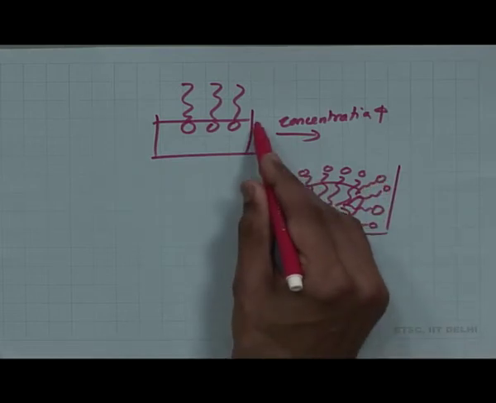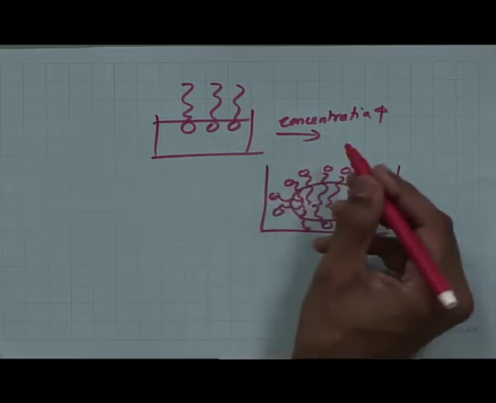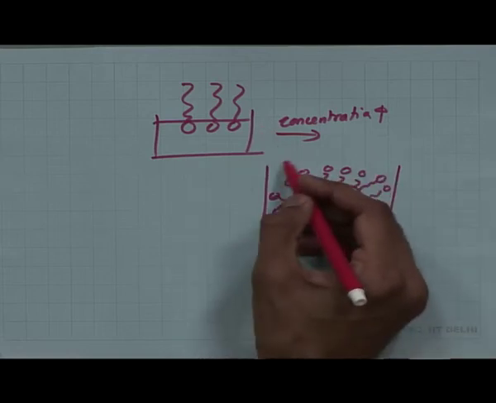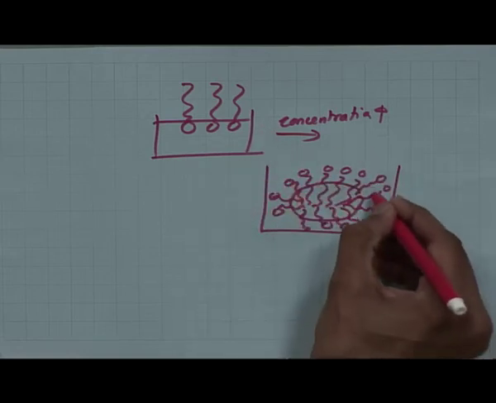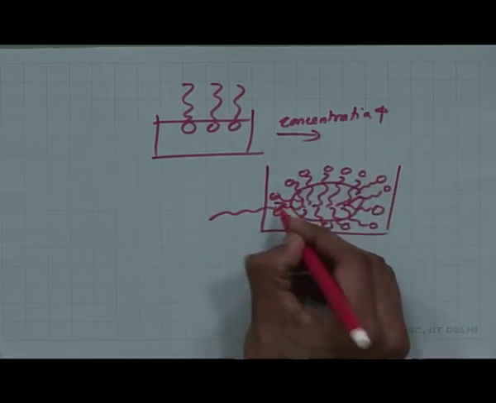So, you add a small amount of surfactant, and initially it goes like this, but as you increase the concentration, it forms something like this, and this is what is called a micelle.